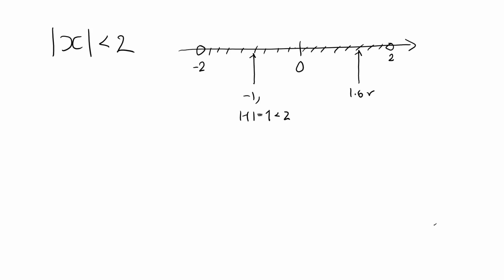This means that the inequality, the absolute value of x is less than 2, is equivalent to the double inequality minus 2 less than x less than 2, or x is any real number between minus 2 and 2, not including minus 2 and not including 2. Viewed as predicates, they have exactly the same truth values.